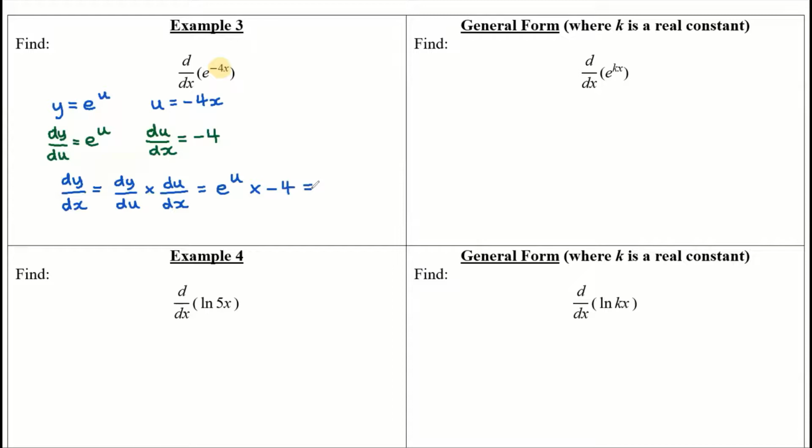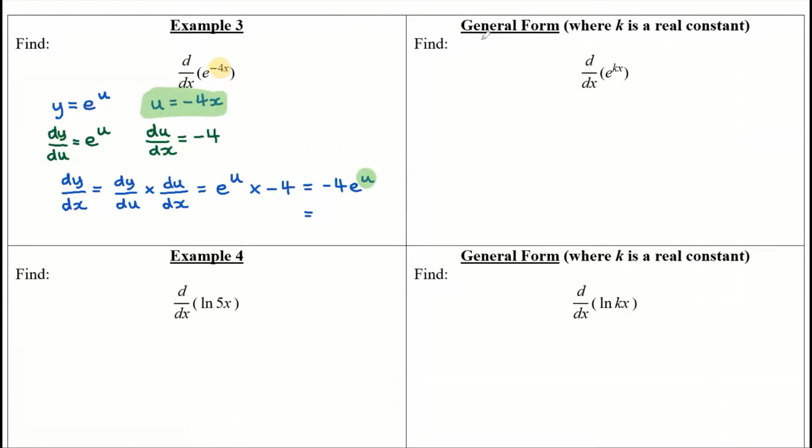So once again, we don't want to leave it like that. We can bring the -4 as a coefficient at the front, e to the u, and then we substitute the u back in to here. So remember, we defined u up here as -4x, so that needs to go back in.